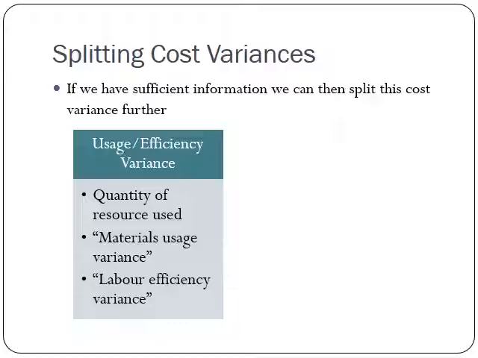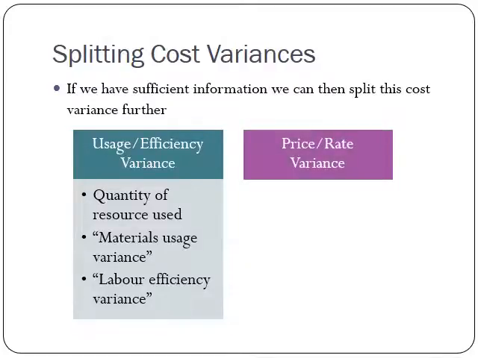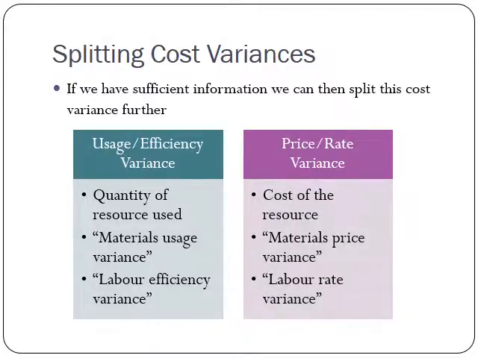But they're both really measuring the same thing. The second types of variances we can calculate are the price or rate variances, and these look at the effects of the cost of the resources. And for materials, we'd call this the materials price variance, and for labour we'd refer to the labour rate variance.